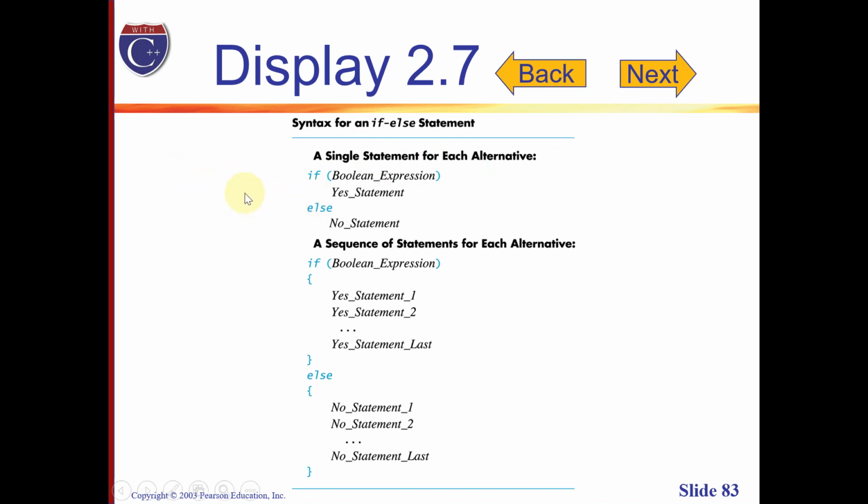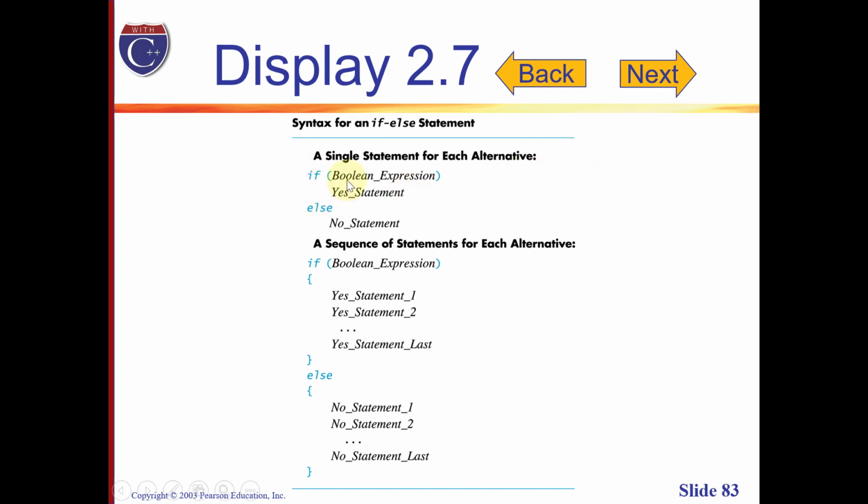First, we just need to use the keyword if, then followed by the Boolean expression enclosed in parentheses, then followed by the statements that would be executed if the first expression is met, which means this Boolean expression produces a true value.